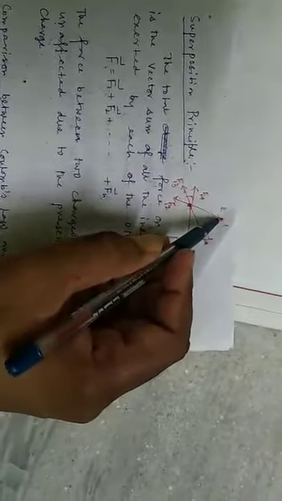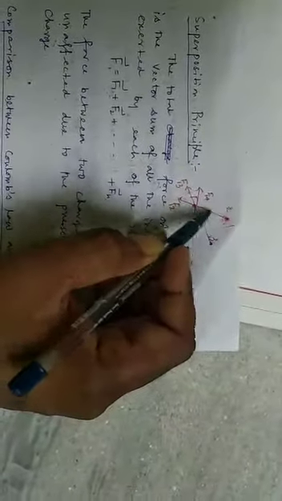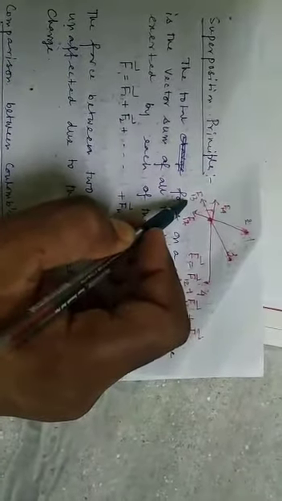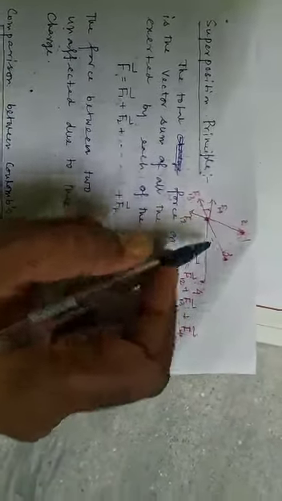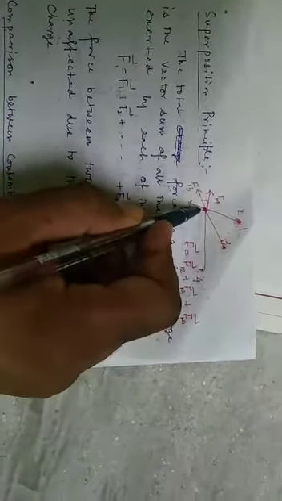We know, using Coulomb's law, the force acts along the line joining the point charges. So the force on 1 due to 2 is along this and is given by F12. Similarly, the force on 1 due to the charge 3 is along this and is given by F13 and so on. So the total force on the charge 1 is a vector sum of all the forces on 1.